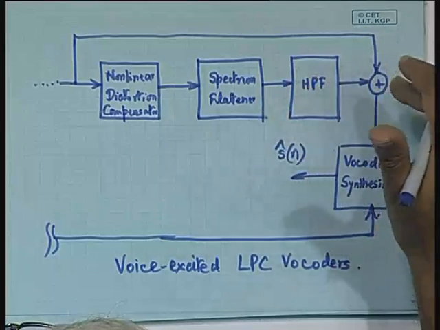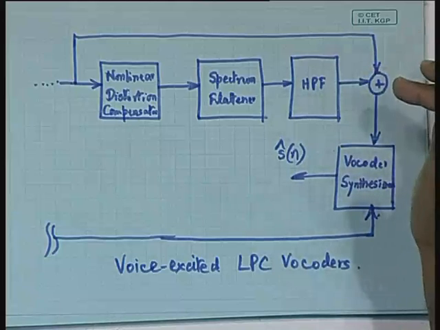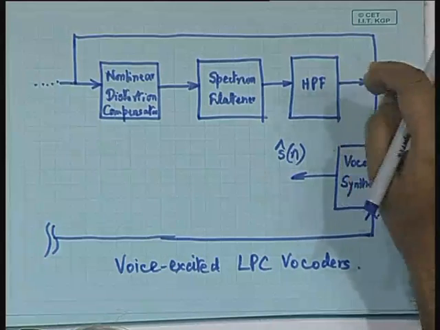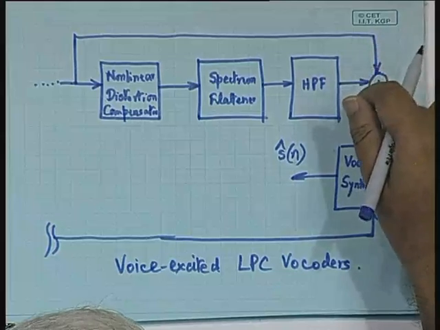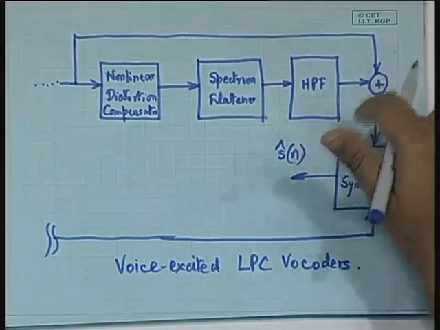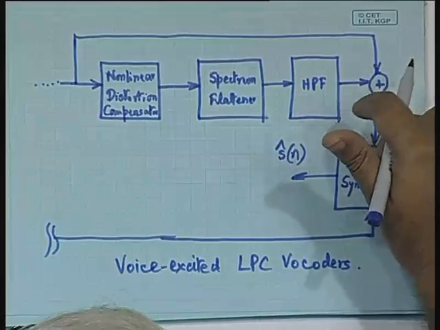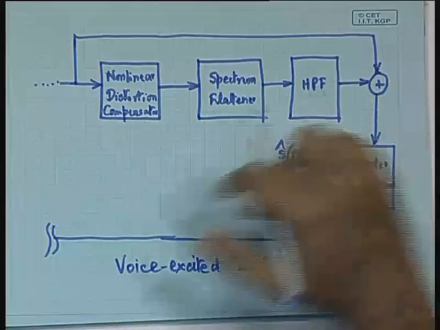I mean all the peaks which are there, and then the high pass filtered version of this signal is added to the vocoder input. So the vocoder is getting two inputs basically.